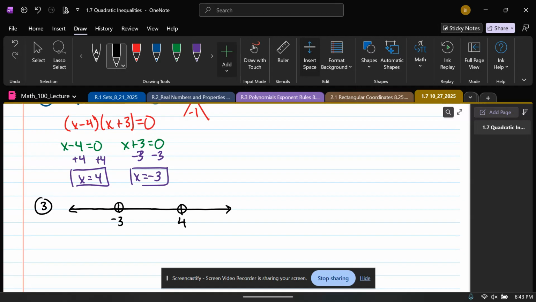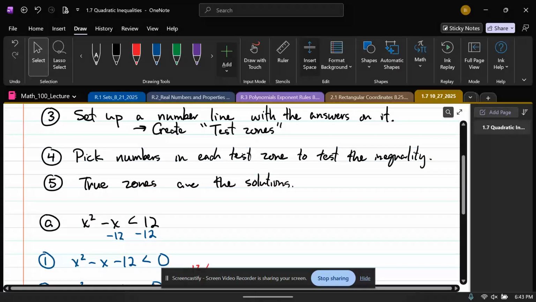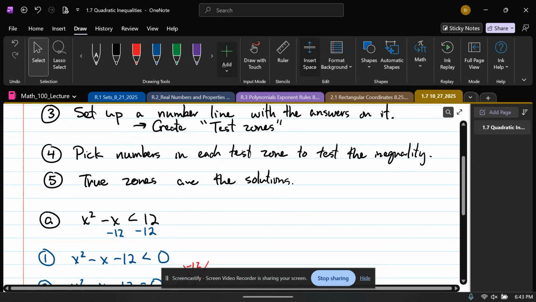We got a test zone right here that's to the left of negative 3. So I'm going to pick a number that's less than negative 3. I'm going to pick negative 4. That's the closest one. That's a really easy one to do. So I'm going to pick a test point. This is step 4 in that process: pick numbers in each test zone to test the inequality.